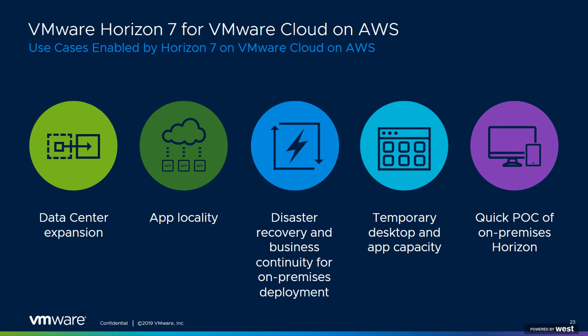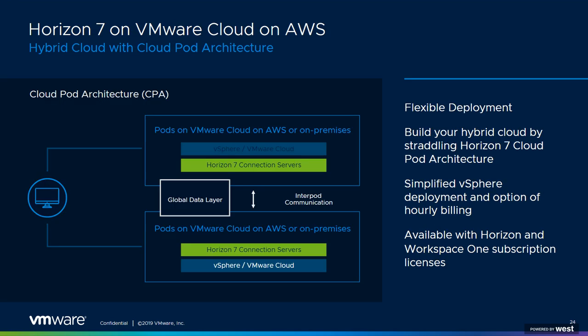So leveraging vSphere in the cloud gives us the capability of extending those cloud pods and technologies for Horizon 7 in those infrastructure components. We also have the ability to provide burst capabilities and temporary capacity for Horizon 7 on VMware Cloud on AWS, as well as providing quick test environments for those infrastructures that rely on those technologies.